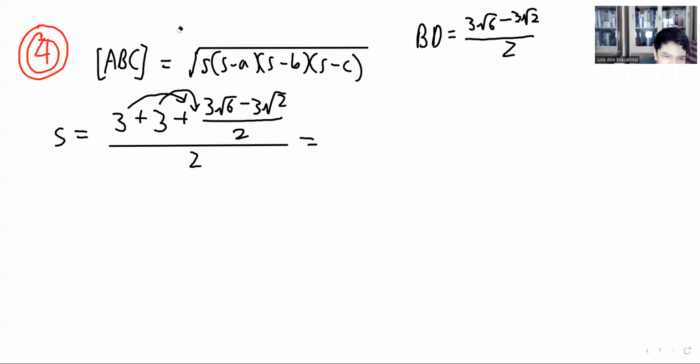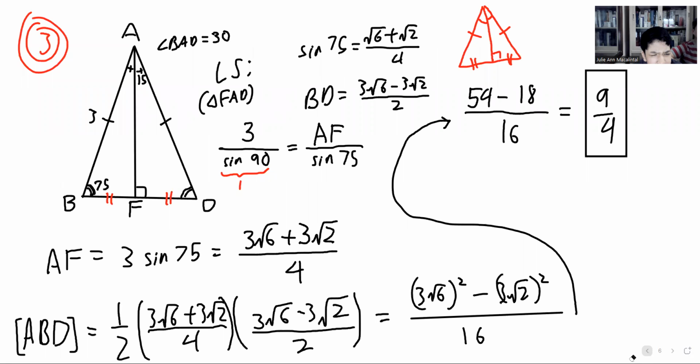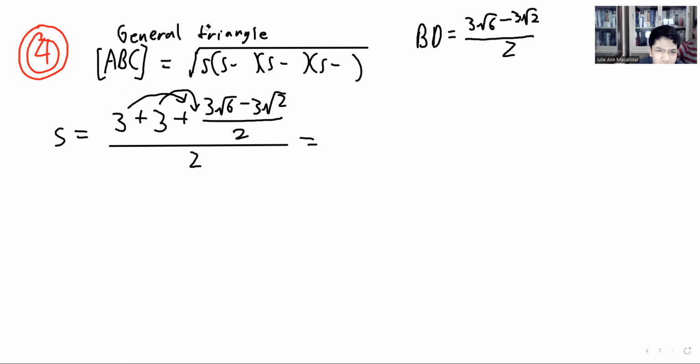This is for a general triangle. Is that the one you're looking for? No, this is the overall triangle, for just any. It might be confusing for your viewers. Then I have to change all of this. Yes, just change that. What do I need to change? AB, AD, BD. AD, AB.